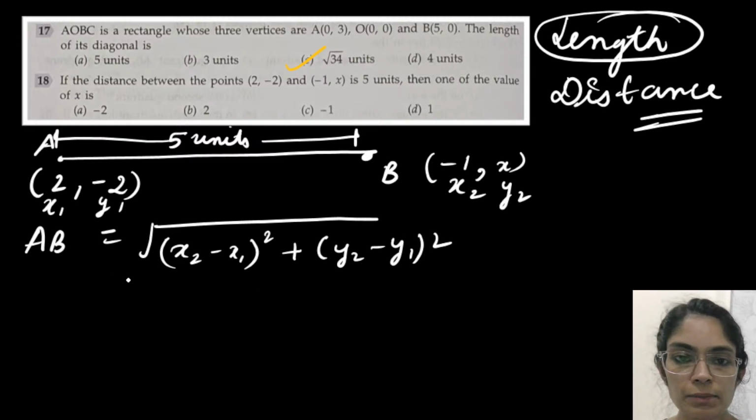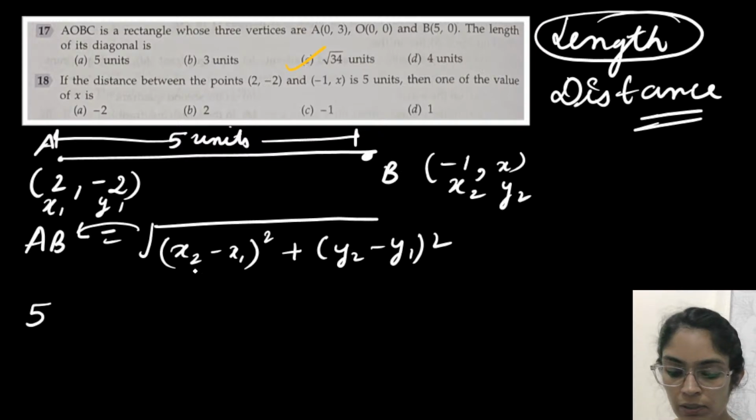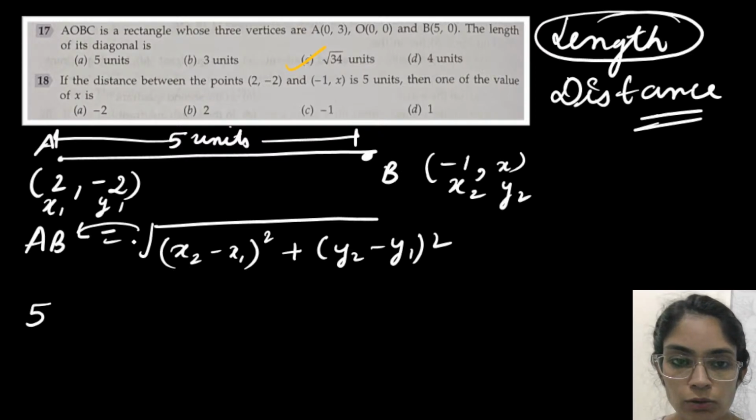AB, the distance, is already given to us, so I am just substituting the value 5. The square root, when I shift it to the other side, will become square.